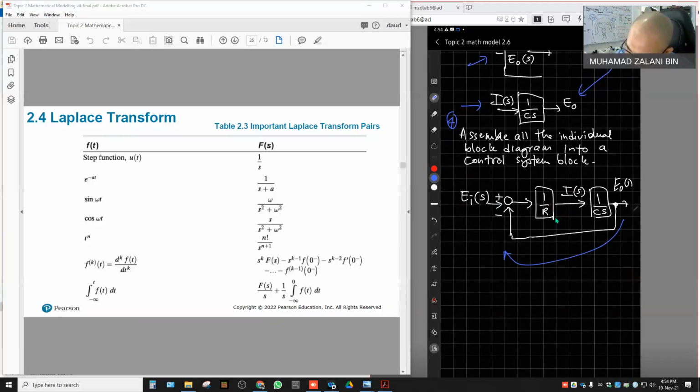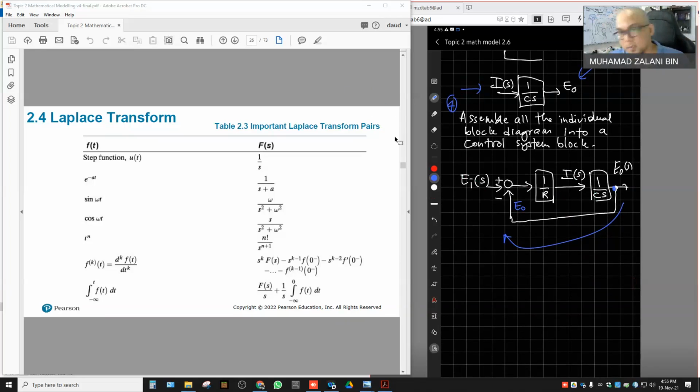So this is E_o actually. So this junction is the same. Alright. So that is the procedure, from the circuit, from the system, of how we can draw a block diagram, which is we end up with this sort of block diagram.